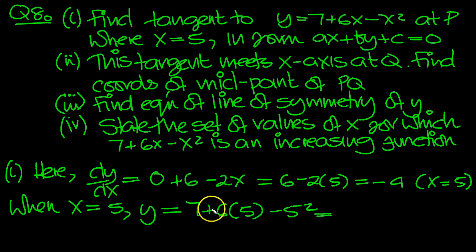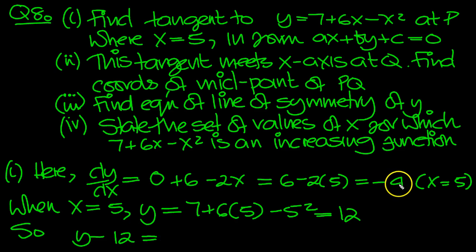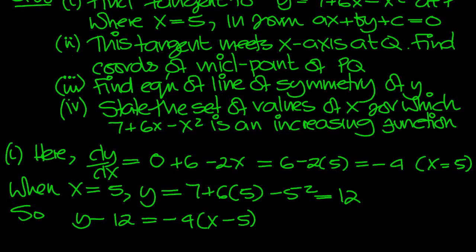So it's 7, 6 5s are 30, that's 30, take 25 is 5, plus 7 is 12. So we've got y minus 12 then, that's the y value, is equal to the gradient function, minus 4, times x minus the x value at that point P. So that's the equation of the line.